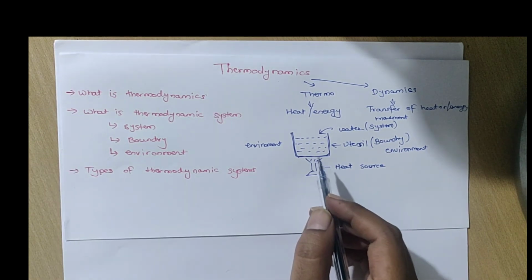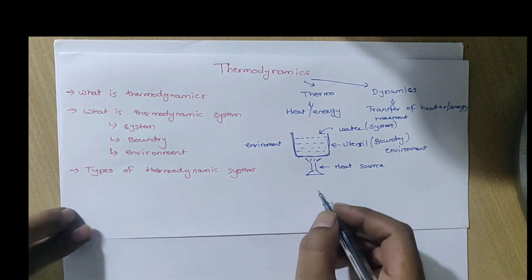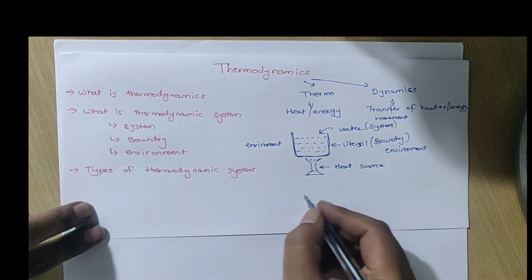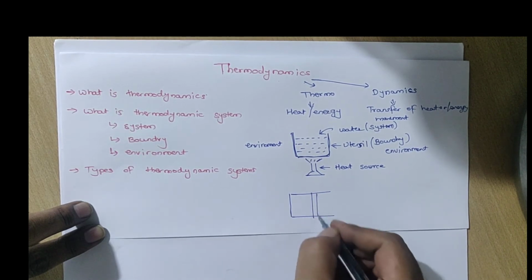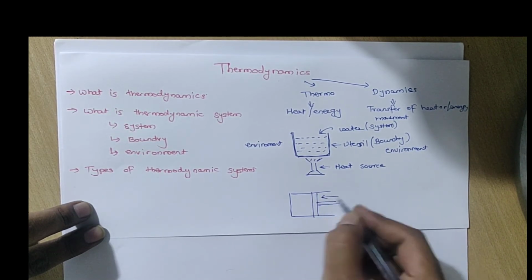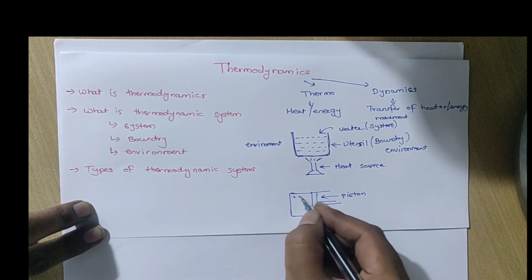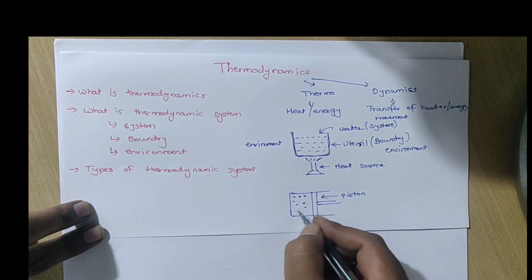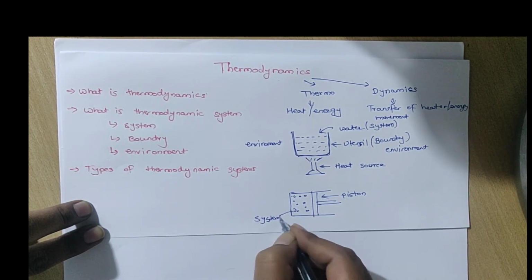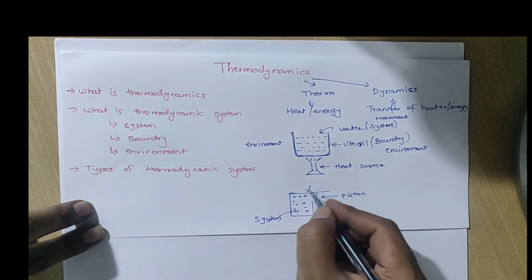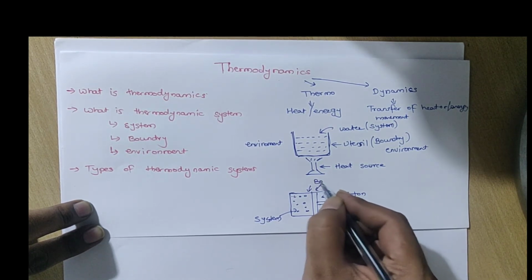So now you can consider an IC engine as your system, or a piston cylinder engine as your system. Like in a piston cylinder engine, this is your piston. So the gasoline present inside this is your system, and this cylinder wall and this piston is your boundary.